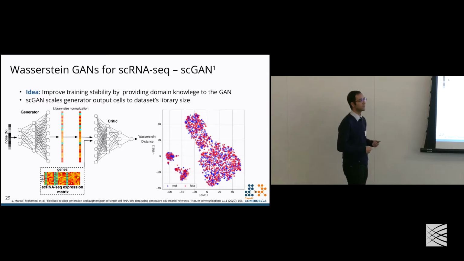Because we're now giving this extra information to the GAN, we converge way faster with way fewer stability issues compared to before. And you see here in this new t-SNE plot of real versus fake, we're covering the entire variation within subpopulations.